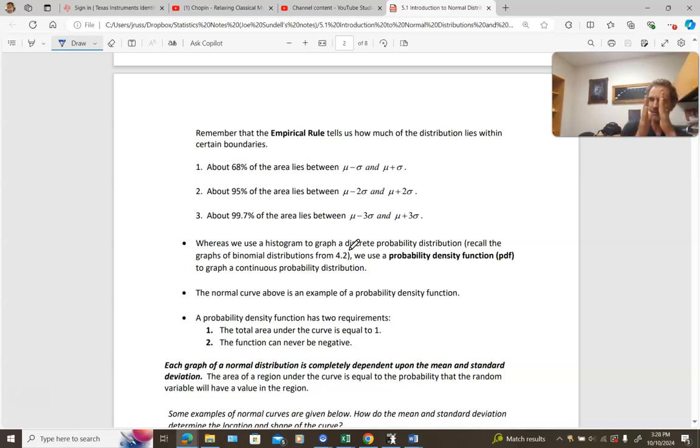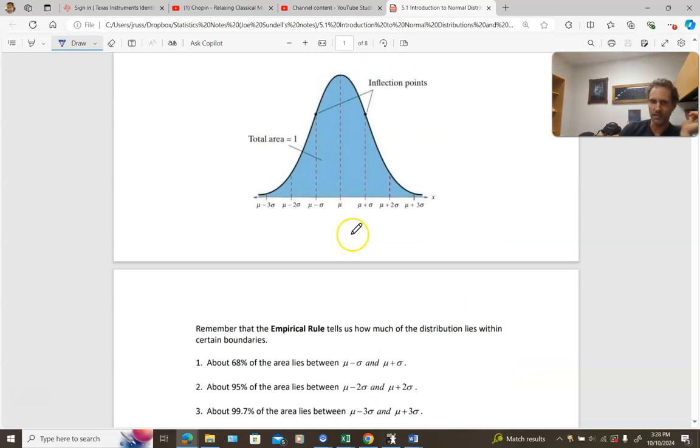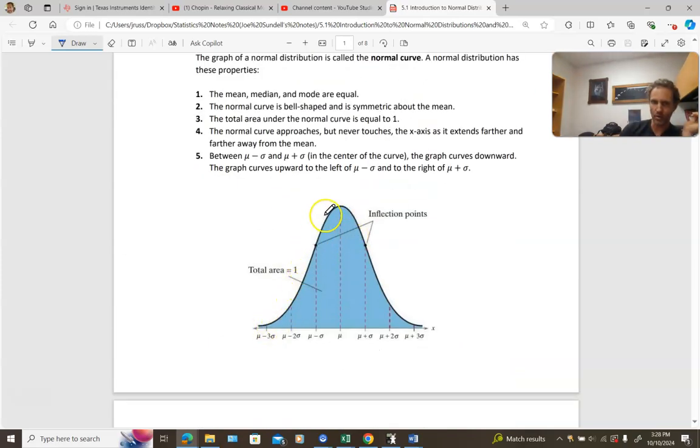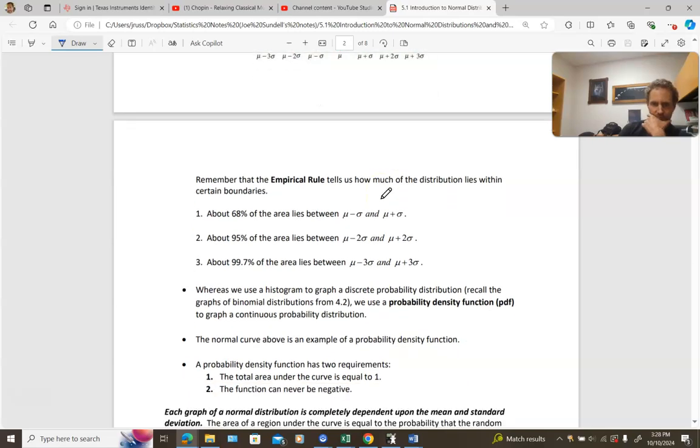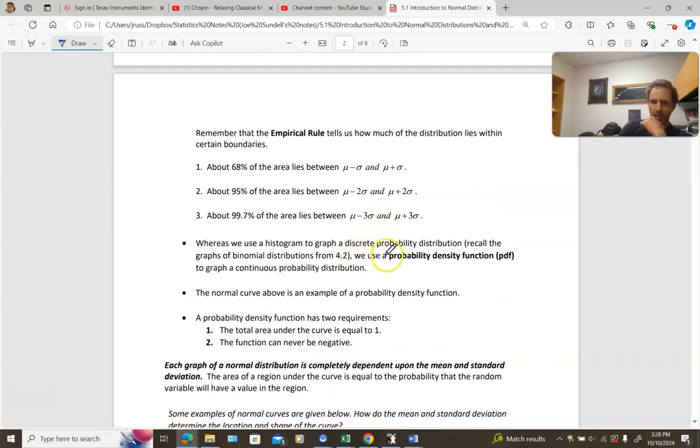Those bars become infinitely small, and we actually get a smooth curve like this. Okay, this curve is not made up of bars. Well, it sort of is made up of bars, but they're infinitely narrow. And then we use what are called probability density functions to graph these continuous probability distributions.